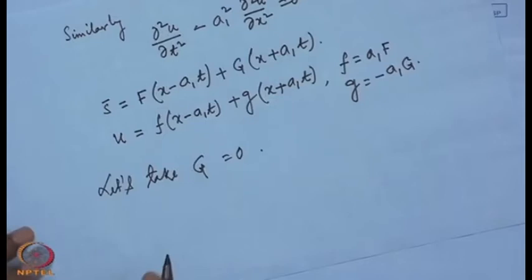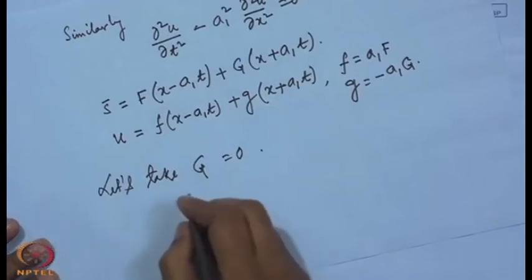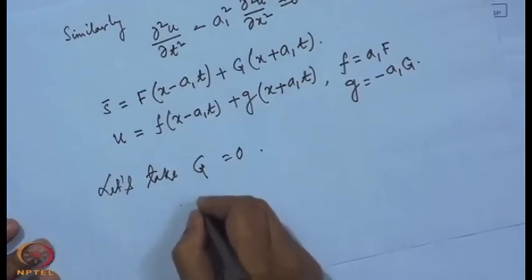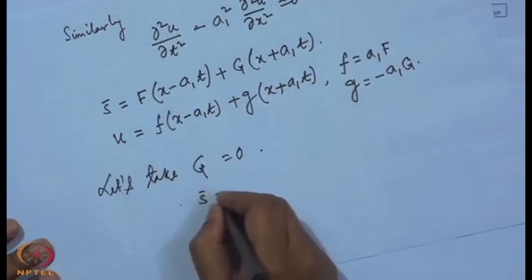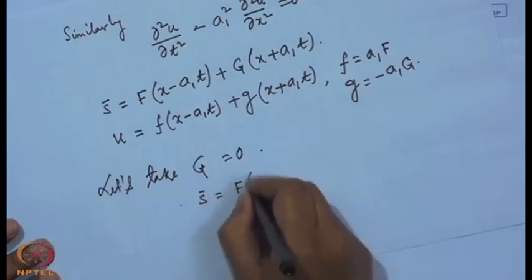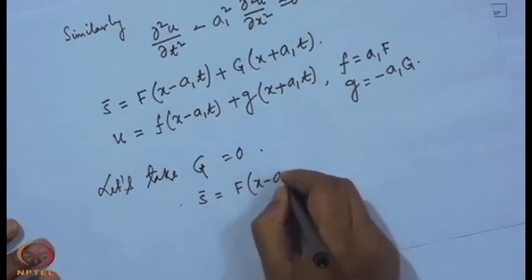So, the density disturbance at time t is given as simply f of x minus u 1 t.